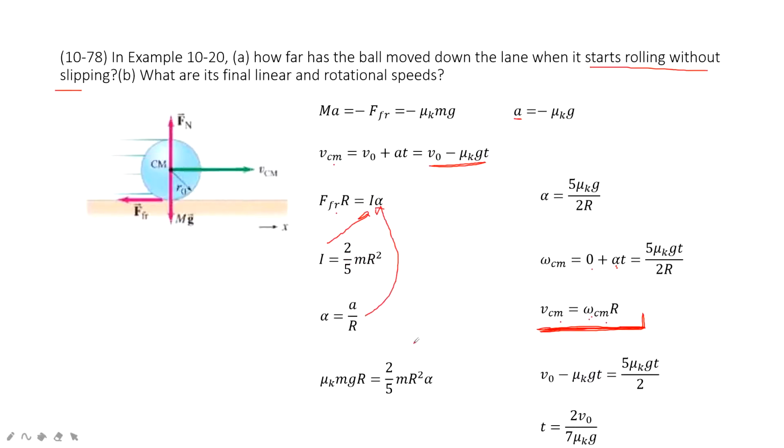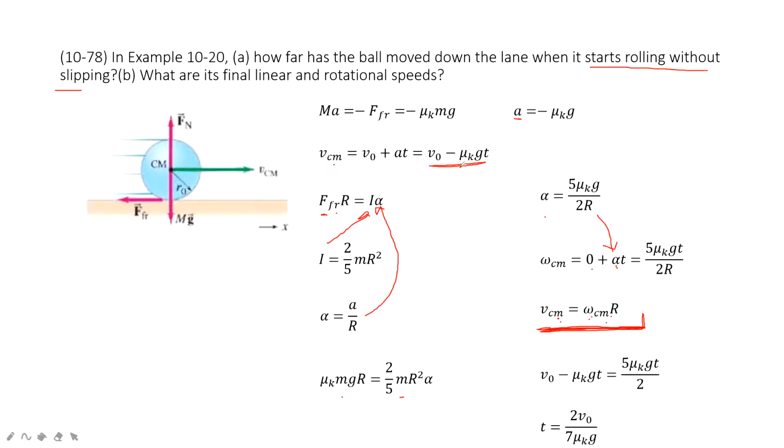You input it inside, and the friction is mu_k mg. So now you can get a function that looks like this. See? In this function, you get the angular acceleration alpha is 5 mu_k g divided by 2r. Input it inside, and you get omega at this point in time. Now you have this relation: linear velocity equals angular velocity times r.